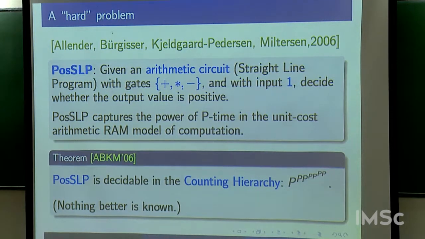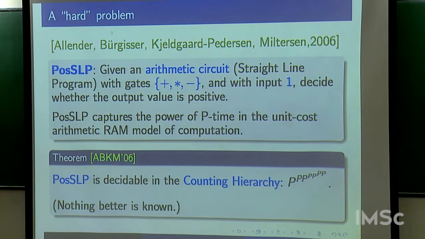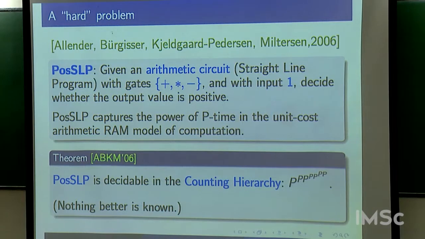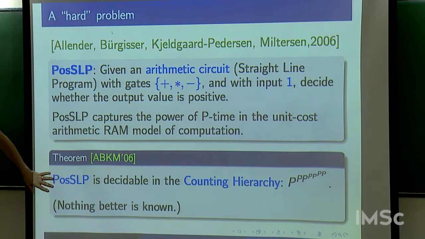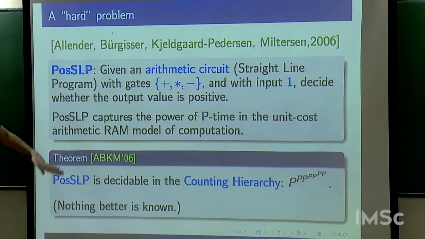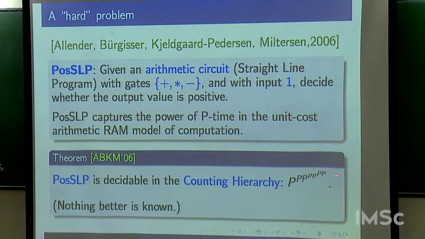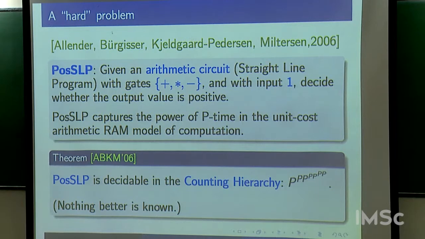So PosSLP captures the power of what you can do in polynomial time in the unit-cost arithmetic RAM model of computation. In a sense, it's complete for it under Turing reductions. We have an upper bound for it, the fourth level of the counting hierarchy, but we don't know any better.